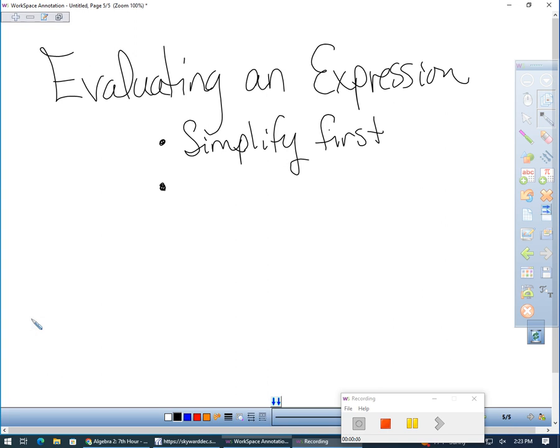Second thing, after you've simplified the expression, we are going to plug in values. And when you plug in a value, what do you have to put around it? Yes, you have to make sure you include your parentheses, right? Okay. I'm going to start off with a really easy one.